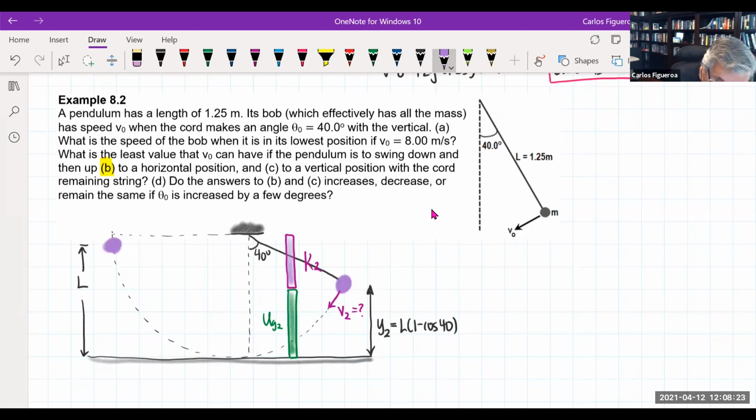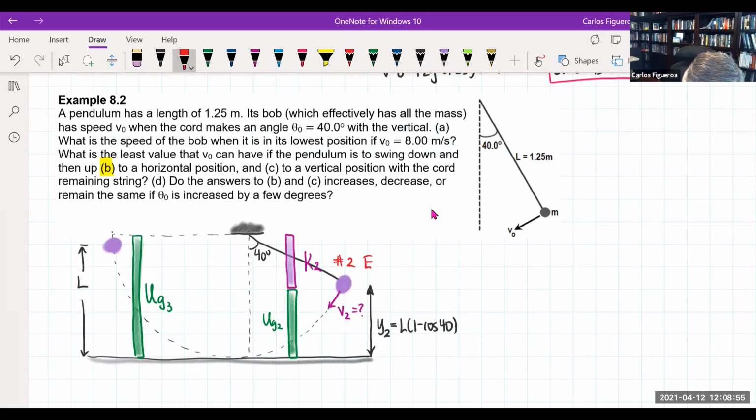So when I get all the way to the left over here, then all of this height must be converted into gravitational potential. So if I call that 2, I should then call this 3. That's my energy bar diagram right there. So now I know how to write conservation of energy, because I know that this is my energy state number 2.